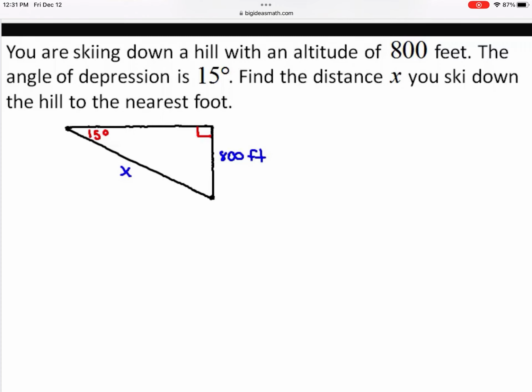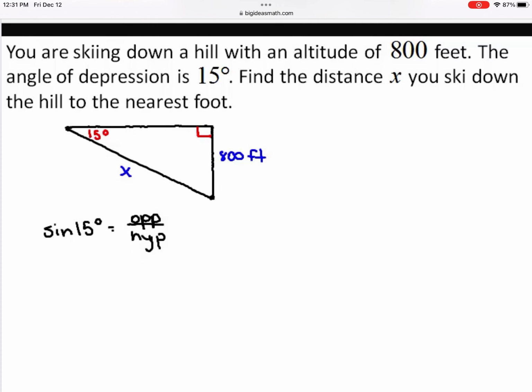So the diagram shows a right triangle where the length of the hypotenuse x represents the distance you ski down the hill. So you can use the sine ratio to find the distance that you ski down the hill. So the sine of 15 degrees is equal to the opposite side over the hypotenuse.